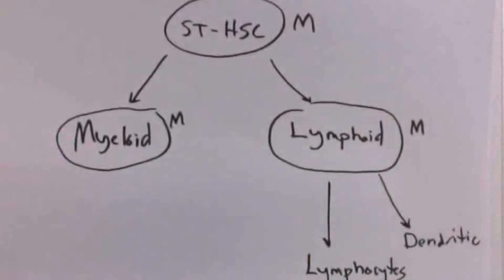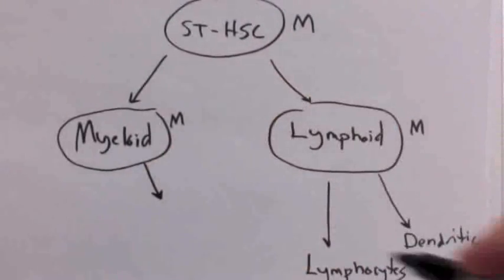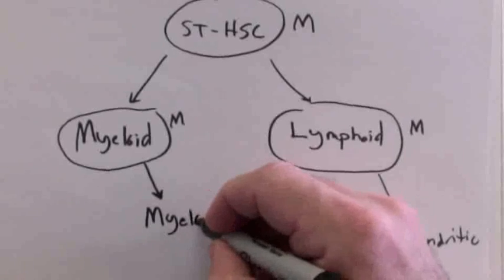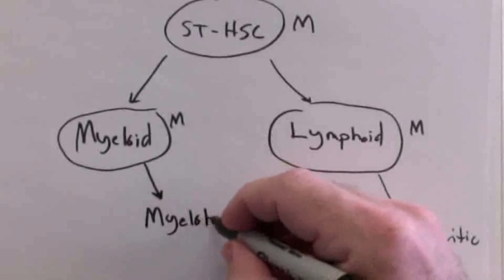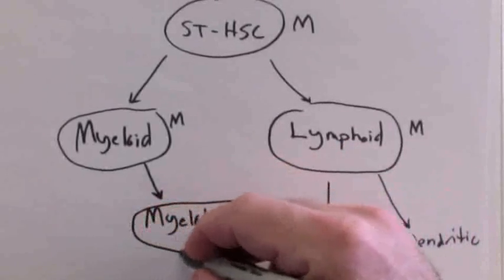Now, we're going to focus a little more on the myeloid side of things. This stem cell can give rise to basically two major pathways. One of these is going to give rise to the myeloblast. This is also multipotent.